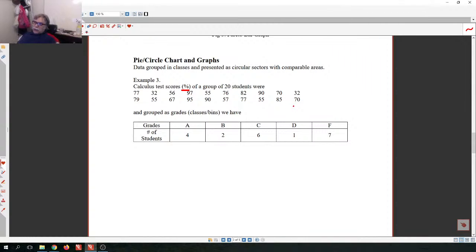Yes, you could make a histogram here, but you really want to have an idea about the grades. Since the grades, as I explained during the story about a histogram, are separated into classes that are not of the same width. An A grade is between 90 and 100.